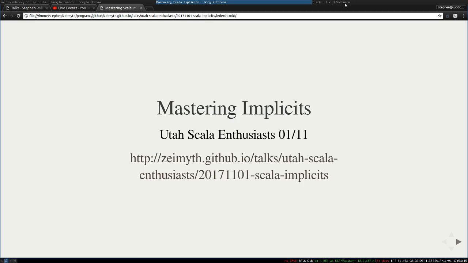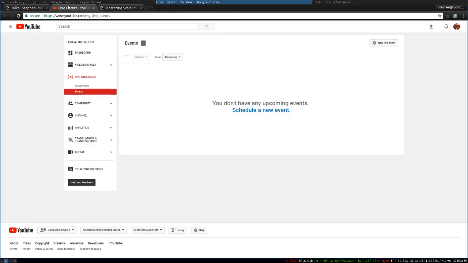I forgot to do that earlier. I think that's the right one. Why is it on? Select a source. See, I always got confused by this. I think you just select.